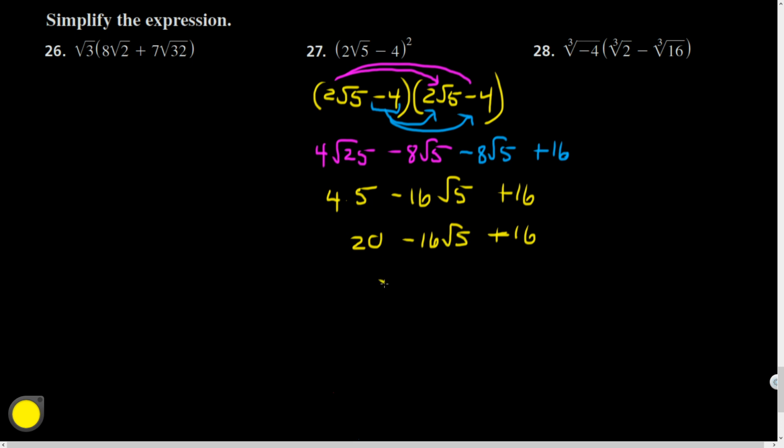I don't know. All right, so 36 minus 16 rad 5. Now, one of the things that you got to be careful of when writing this is we still get in the habit of, rather than doing the radical in front of any other number, try to write it at the end. And then be careful, these cannot be combined because multiplication is taking place before the addition or subtraction.